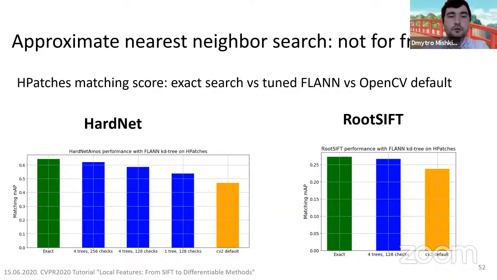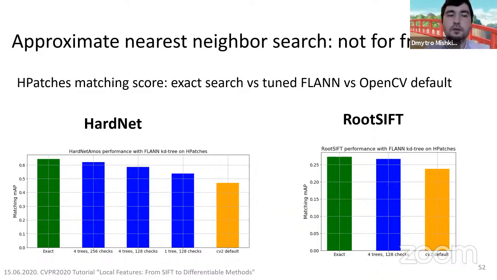Now, when you do matching, you can do exact matching, but it can be costly. If you match 8K features versus 8K features, it's quite a lot of computation, because the cost is quadratic. What people often do is use some approximate search algorithm like FLANN in OpenCV, or some others like Faiss or whatever.